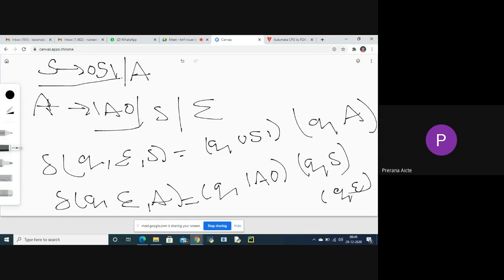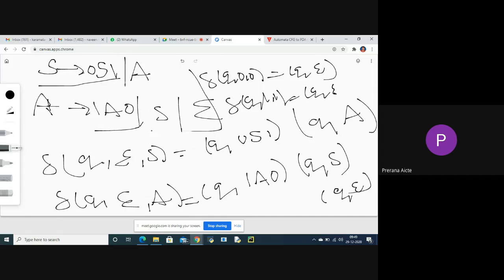These are the two main productions, and here we have 0 and 1. For 0 and 1 we write delta of q comma 0 is equal to q comma epsilon. In the same manner, delta of q comma 1 is equal to q comma epsilon. This is the push-down automata for the given grammar.